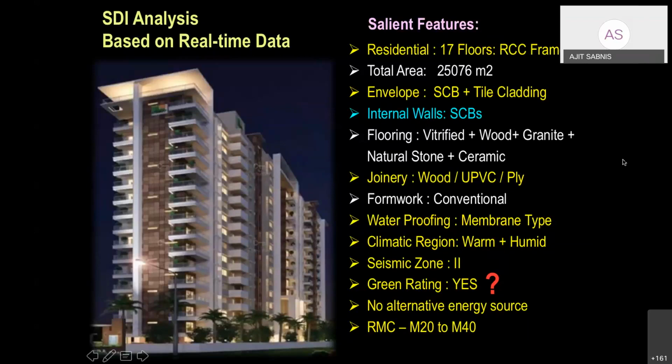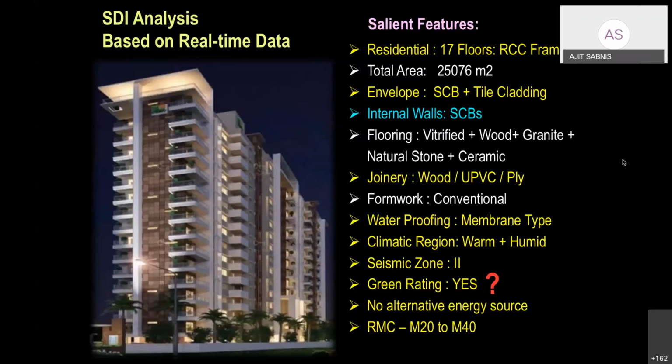Flooring comprises a variety of vitrified, ceramic, wood, granite, natural stone, etc. The majority of the doors are wooden, and the windows are UPVC, with plywood shutters. Formwork is completely conventional type.